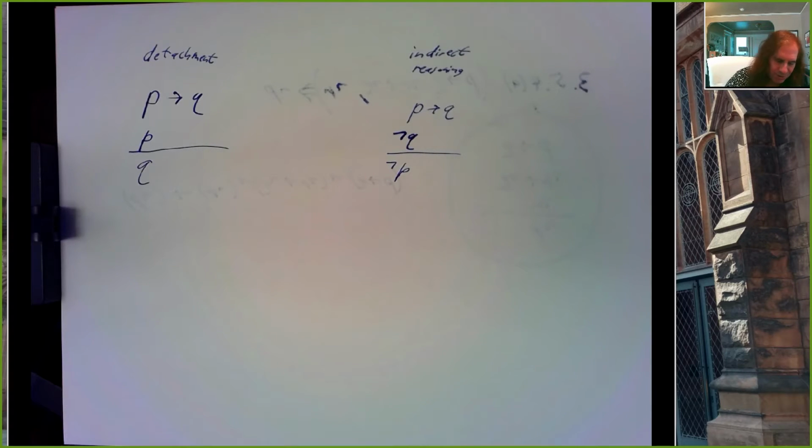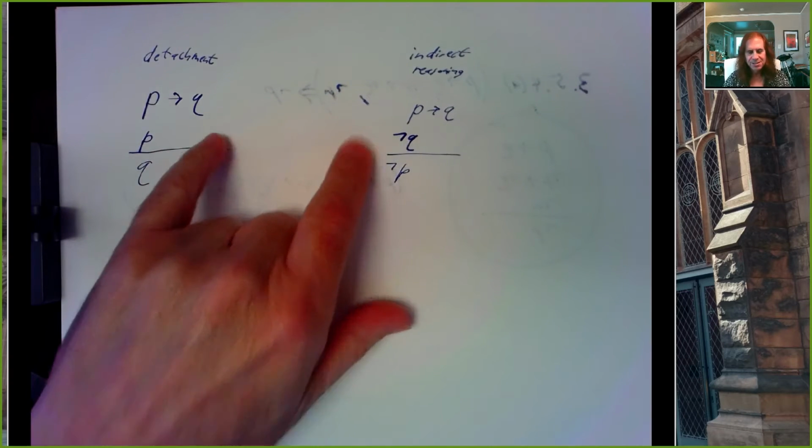All right, so these are two valid laws of logic, and they come from the textbook. So these pages that I mentioned the other day, 57 and 58, have detachment, indirect reasoning, other things like that. There's two other theorems that are related to these that turn out to be false.